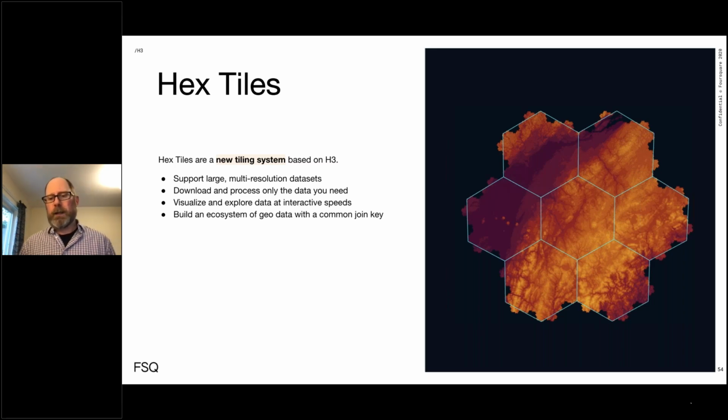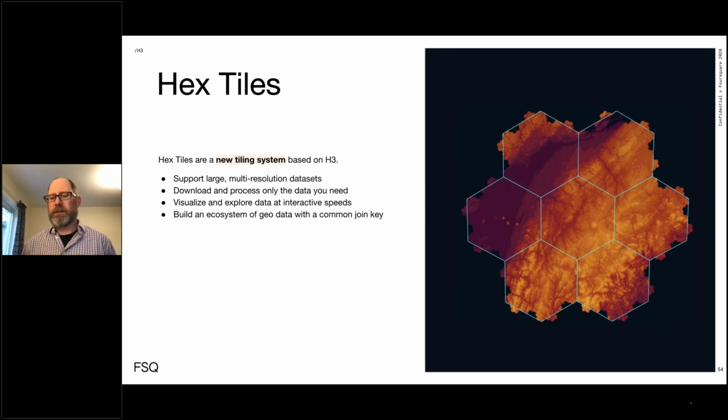We can put these data sets together into these tiled data sets, which allows us to partition massive global data sets into relatively small, manageable chunks that we can either bring into a browser or into a notebook for analysis, one at a time, just the parts of the data that you need, and easily join with each other so that you can perform analysis across many different data sets. And this allows you both to work with this at a data level within a notebook to come up with some overall answer, and to visualize and explore data within our browser-based application.